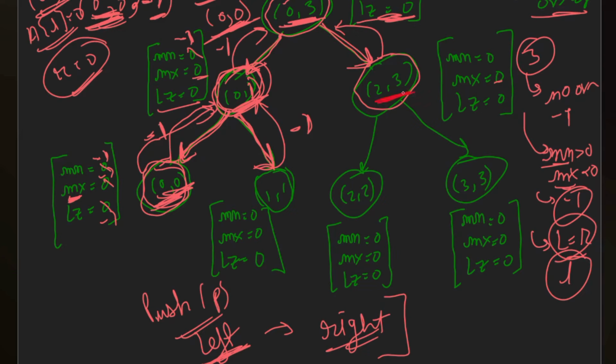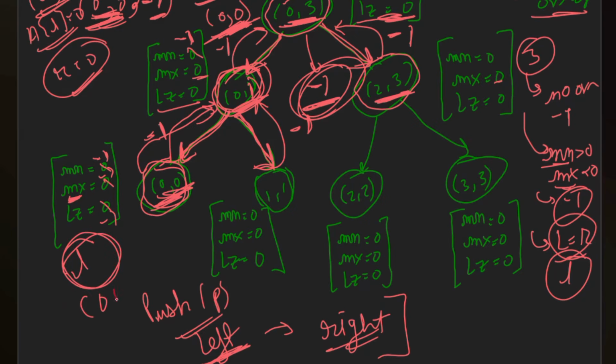Here the right child range is 2 comma 3, but our range to check is 0 comma 0, so no overlapping, then it will also return -1. So 0 comma 3 will return -1. So we get our answer -1. What does -1 mean? There is no index L possible in range 0 comma 0 where a of L is equal to 0, right?